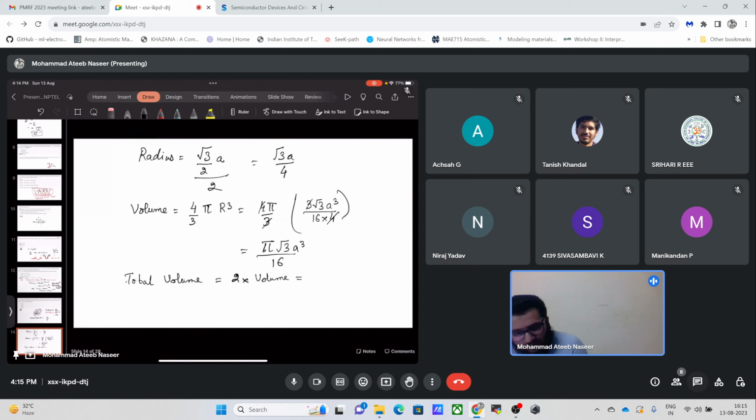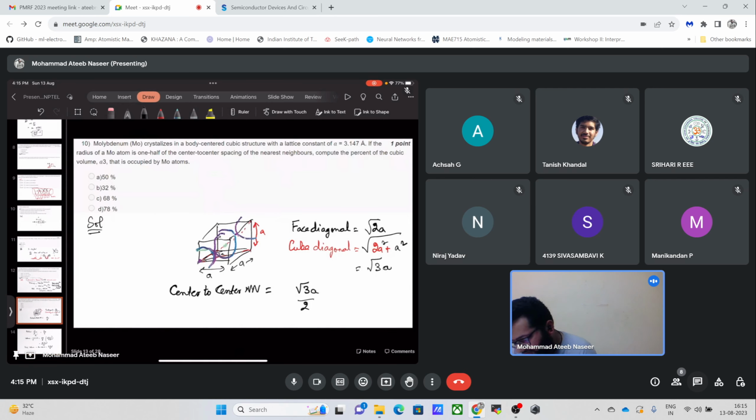So this is 2 times the volume, so it would simply be pi times root 3 a cube by 8. Okay, am I wrong? No. I guess it's fine everywhere.